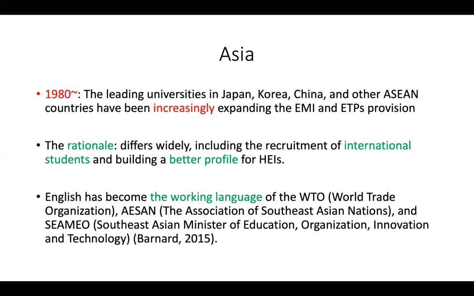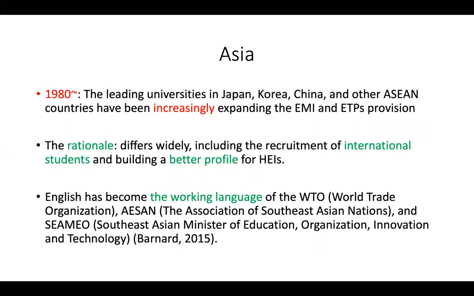In Asia also, since the 1980s, we can see that starting with the leading universities and then other universities, in Japan, Korea, and China, other ASEAN countries have been increasingly expanding their EMI and ETPs provision. The rationales differ widely, and most of them include the recruitment of international students, also building a better profile for higher education institutions.